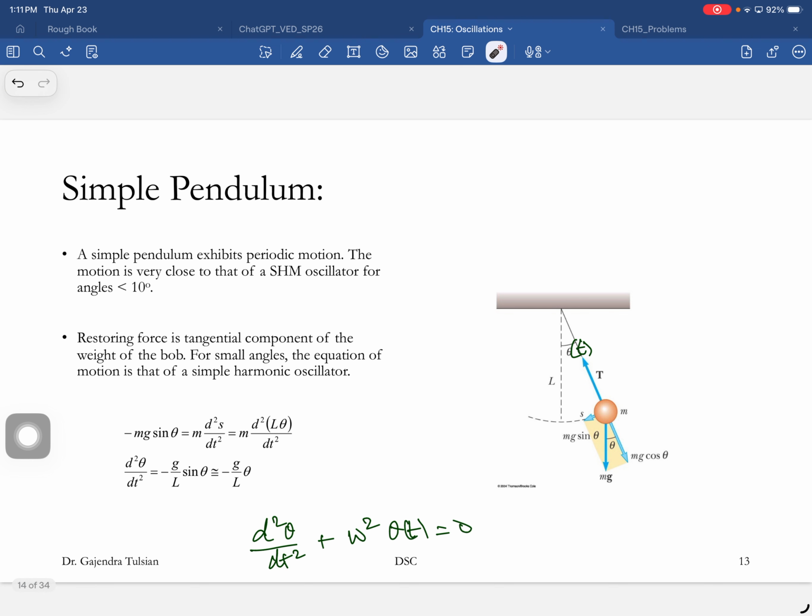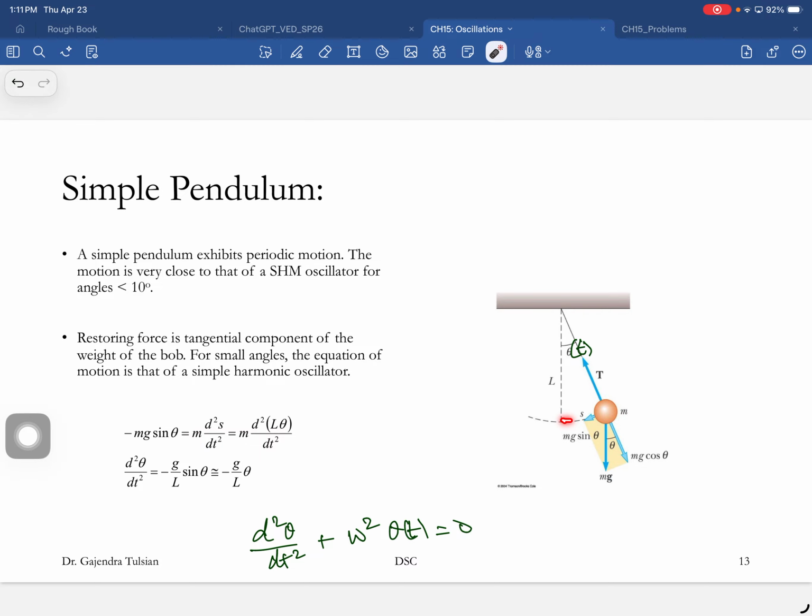Here's a simple pendulum. If you disturb this object when it's hanging there in equilibrium, here's the weight of the object. This component of the weight, mg sine theta, is restoring it. When it's over there, it's bringing it back here. So that is the restoring force. Mg sine theta is equal to mass times the acceleration of this object.